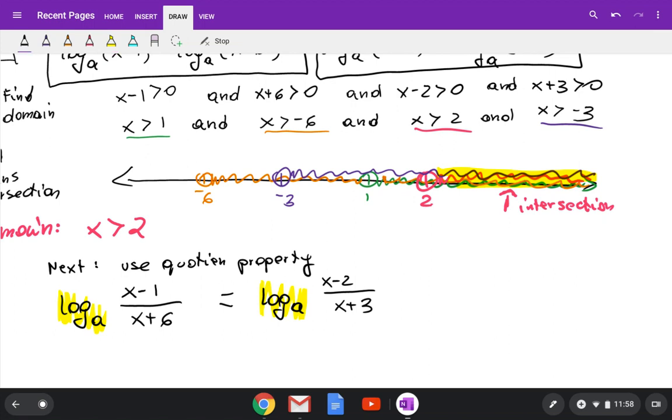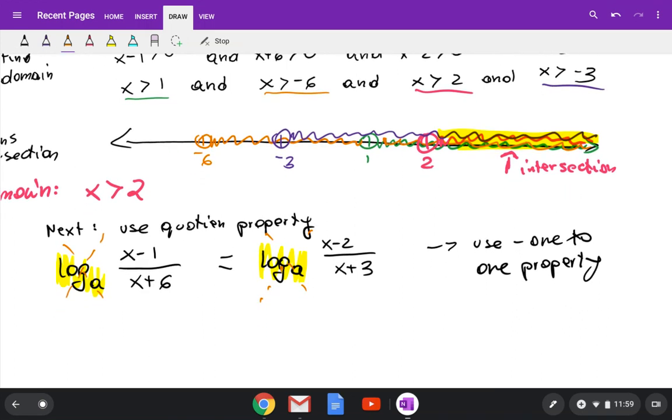We're ready to use the one-to-one property. One-to-one property means you can ignore this. It's not like canceling, but we can ignore it since they both have log of the same base in front. That means that x minus 1 over x plus 6 is the same as x minus 2 over x plus 3.